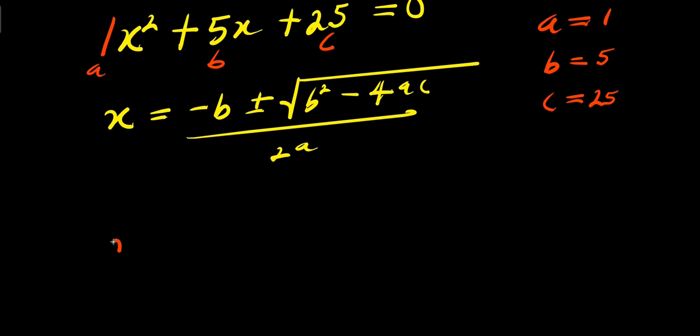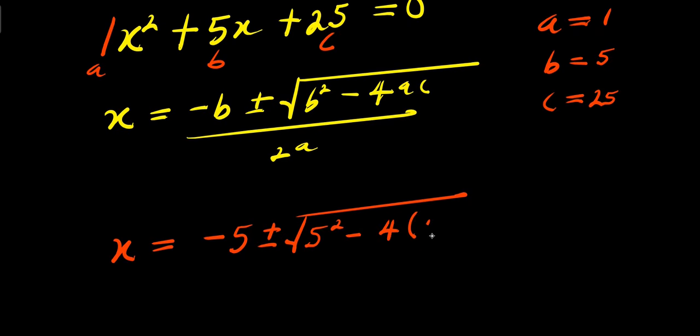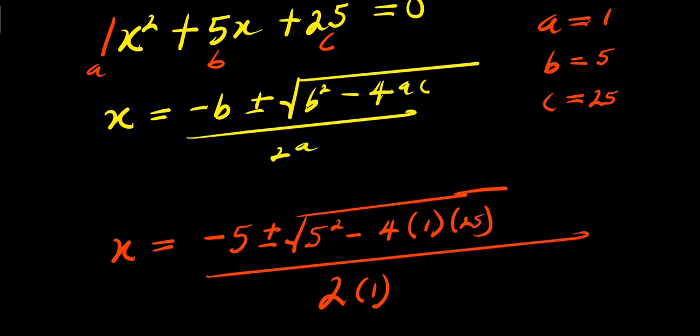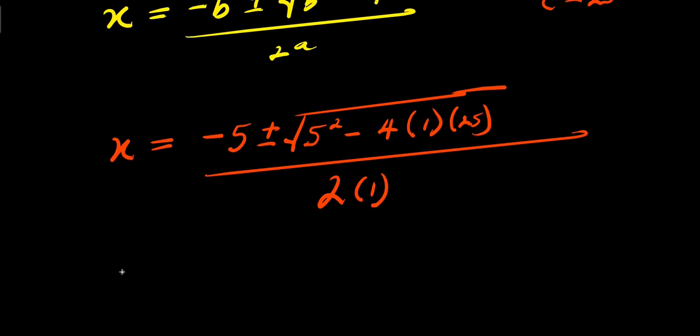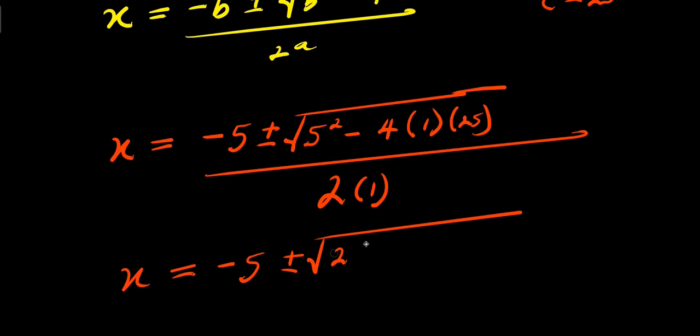And we are going to have x equals negative b, negative 5, plus or minus square root of b squared, that is 5 squared, minus 4 times 1 times c, that is 25, divided by 2 times 1. X equals negative 5 plus or minus square root of 5 squared, this is 25, minus 100, divided by 2.